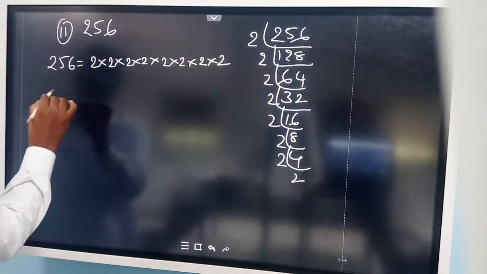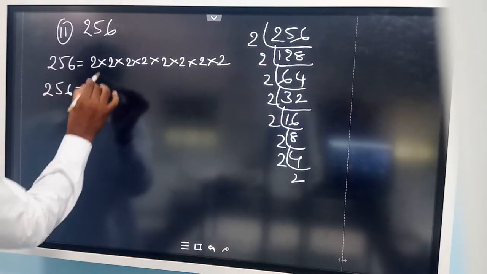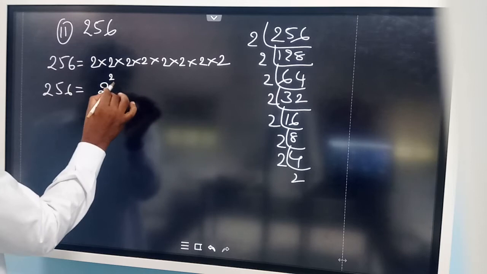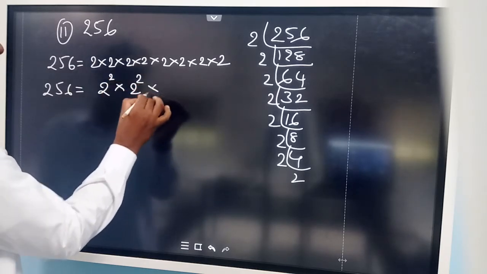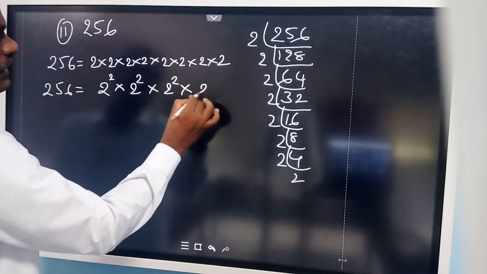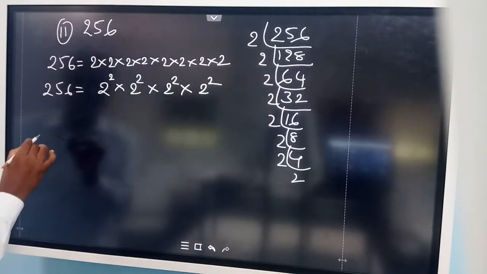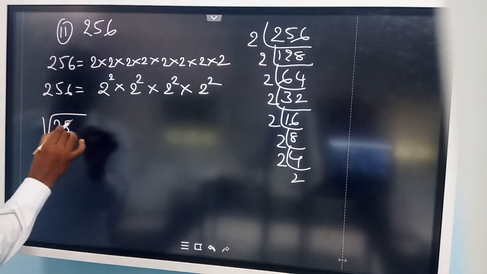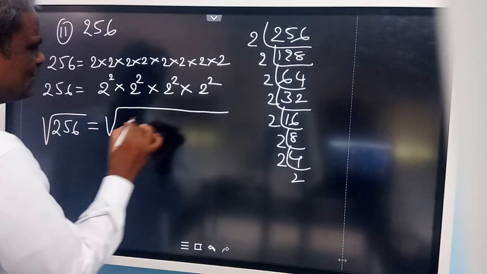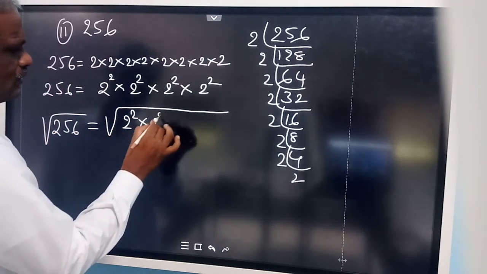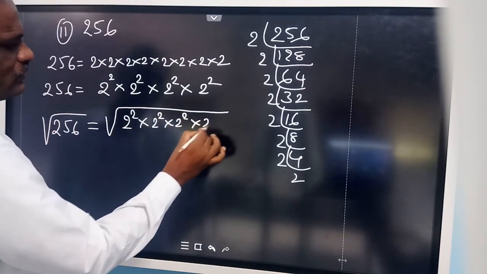Like this you can write it. The same 256 can be written by combining these as 2 square, 2 square, 2 square into 2 square. I want the square root of 256, which is the same as the square root of 2 square, 2 square, 2 square into 2 square.